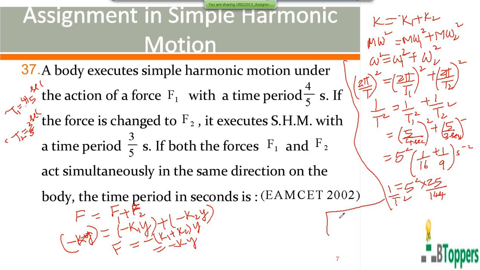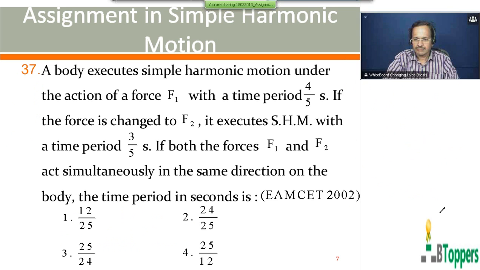If you take positive root here, time period you get 12 by 25 seconds is the answer. So if you want to copy the solution of this question, take a pause and copy the solution of this question. So for question number 37, first option is answer.